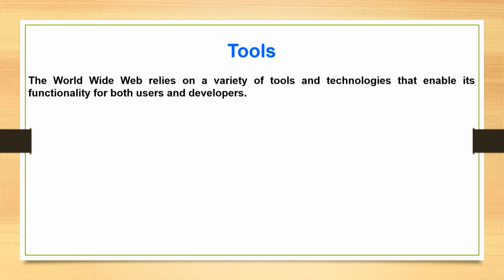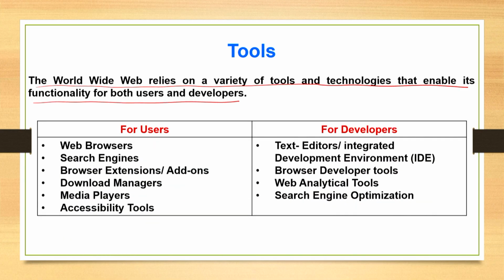Next is what are the tools that can be used. The World Wide Web relies on a variety of tools and technologies that enable its functionality for both users and developers.